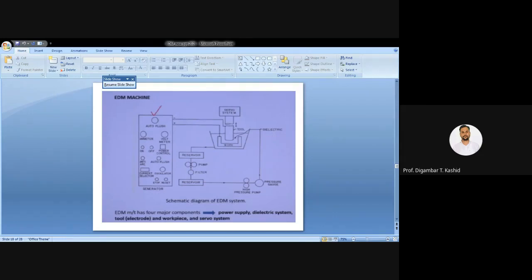The second method is suction through the workpiece. You can supply the dielectric fluid from the outside, and you can suck that dielectric fluid through your workpiece.